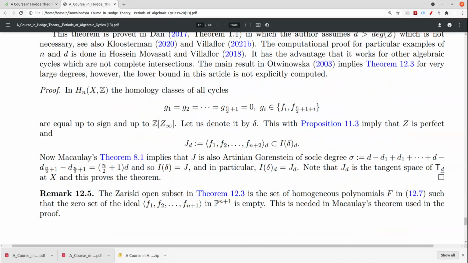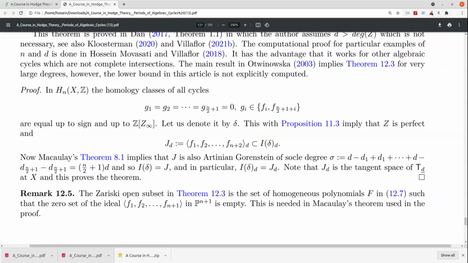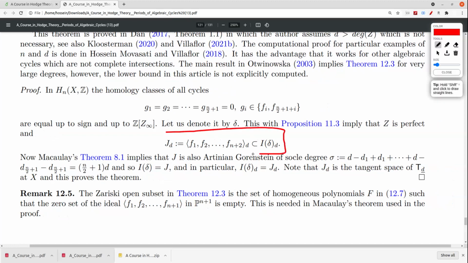So at the end, it turns out that this ideal is inside here, and both these ideals are Artinian Gorenstein of the same socle degree, and with the classical properties of Artinian Gorenstein rings, we will conclude that there is equality here.